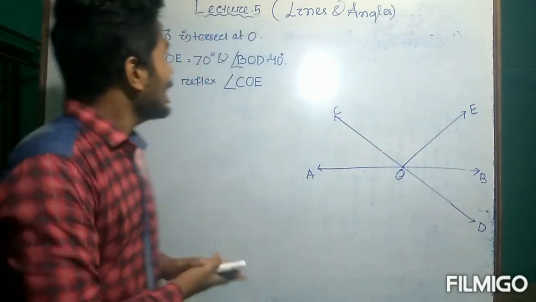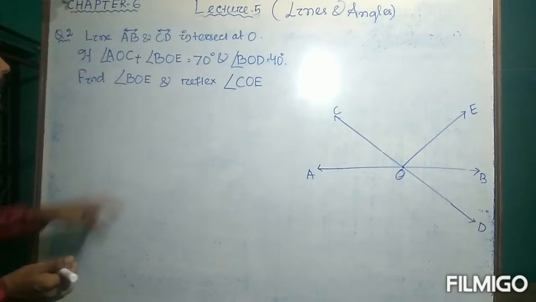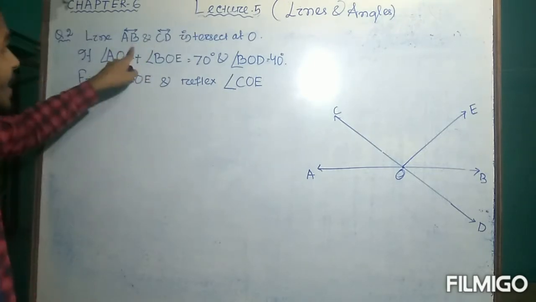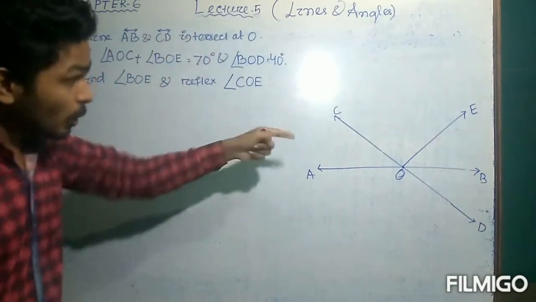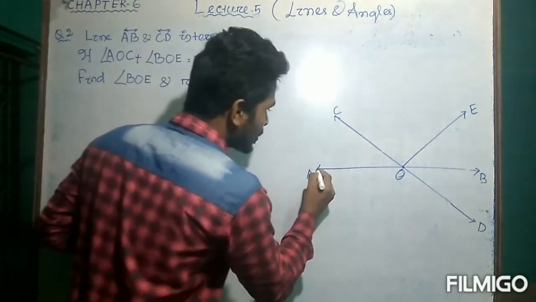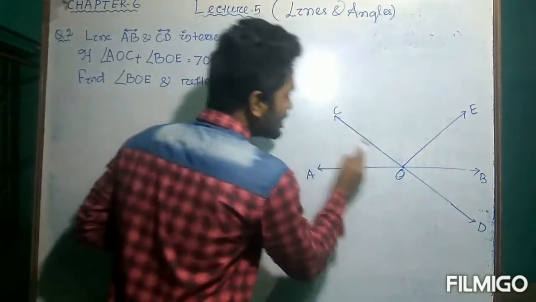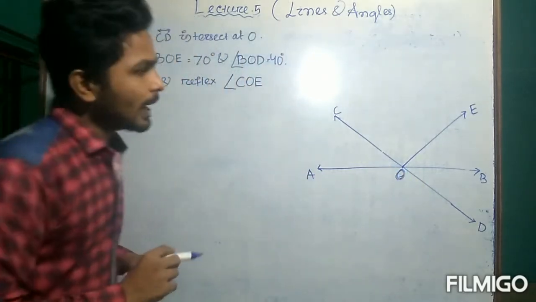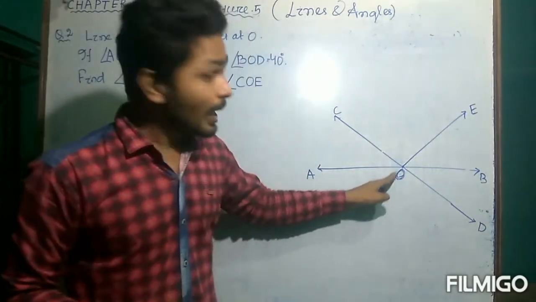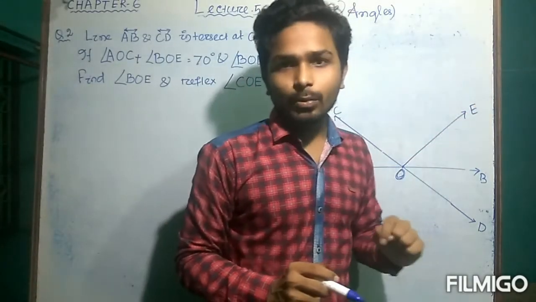Okay. And now coming to question number 2. In question number 2, it is given that there are two straight lines AB and CD which intersect each other at O. Look at the figure. In this figure, there are two straight lines AB and CD which intersect each other at a point O. And from this point, another ray OE emerges out.